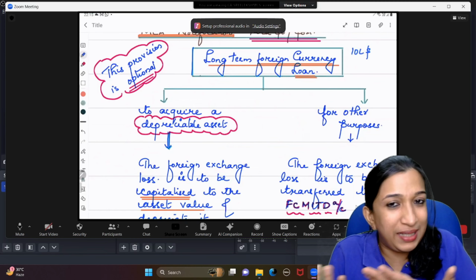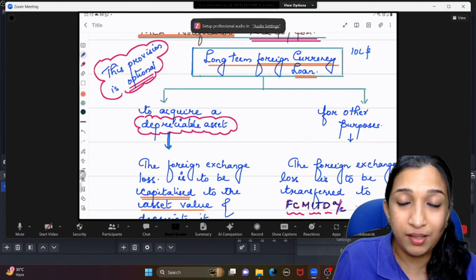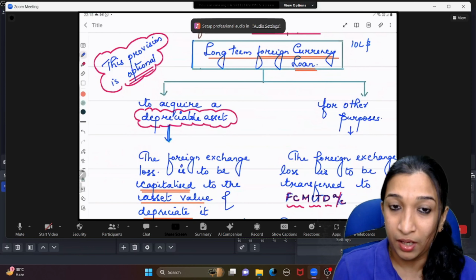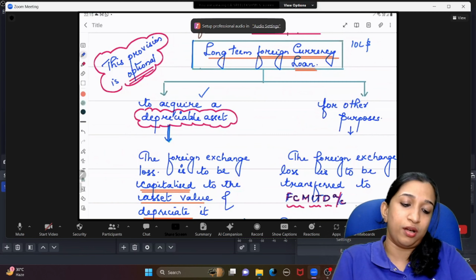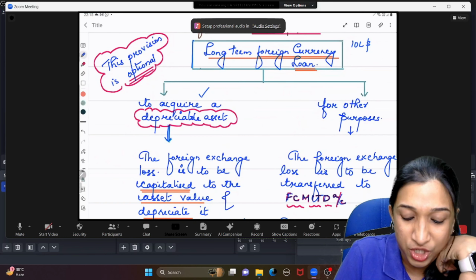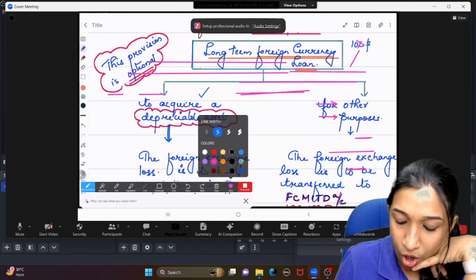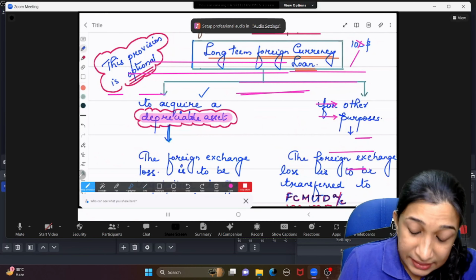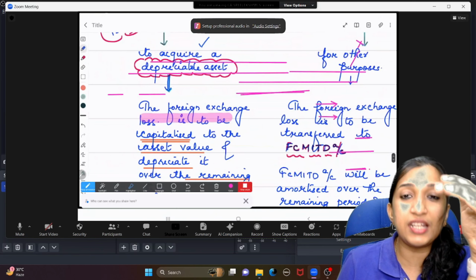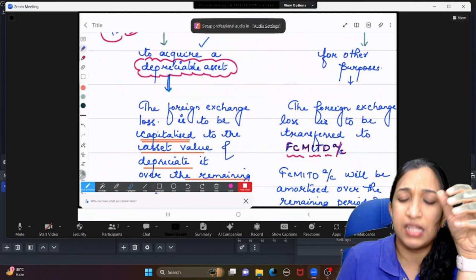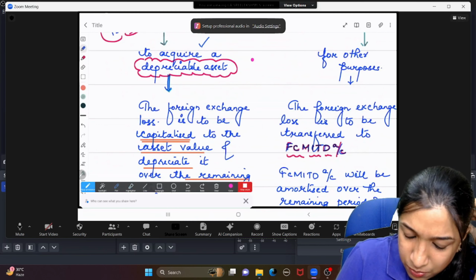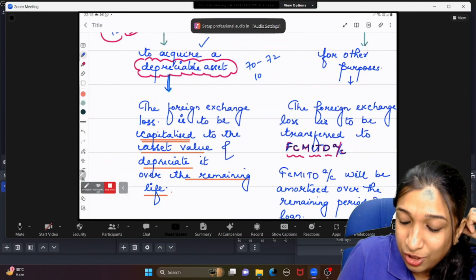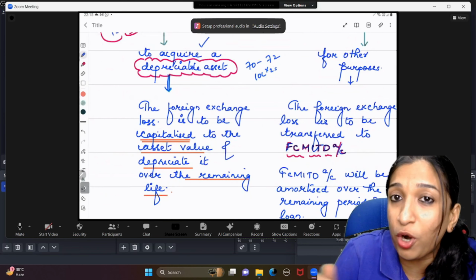So the fluctuations are to be taken to P&L. Yes. But this notification says if there is a long-term foreign currency loan, why did you take that loan? This loan is taken to acquire a depreciable asset. Then the standard says if there is foreign currency fluctuation, if the dollar rate of 70 has become 72, 10 lakhs into 2, a 20 lakh loss would be reported in P&L.